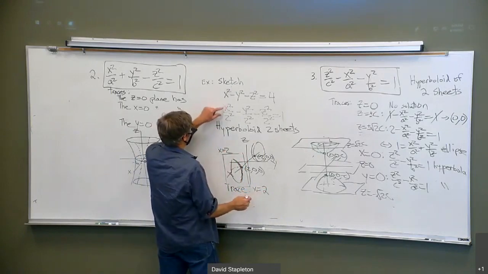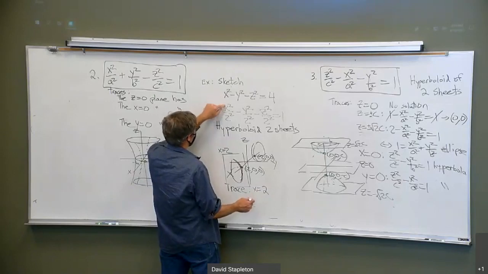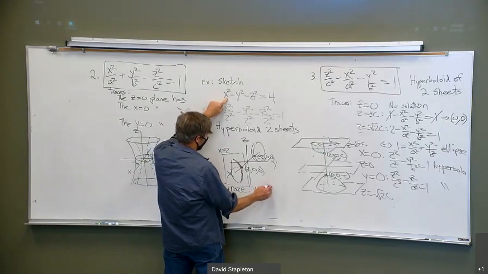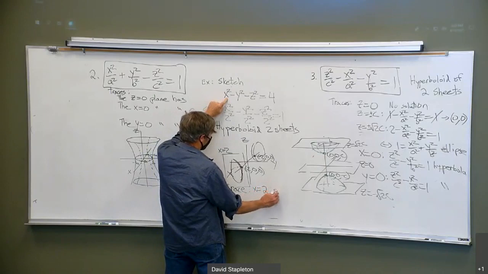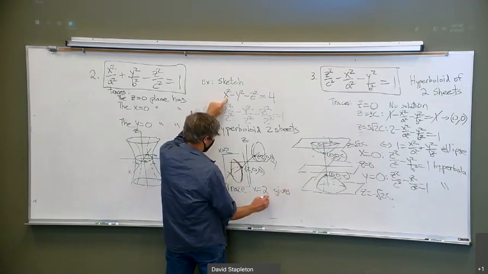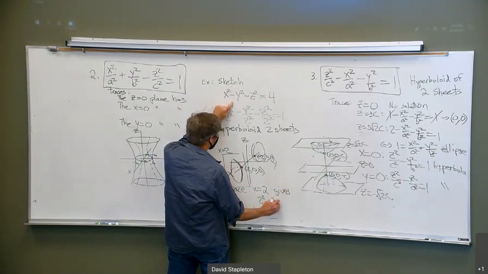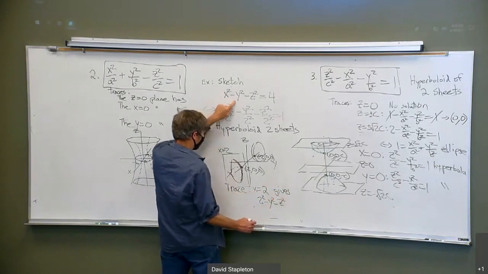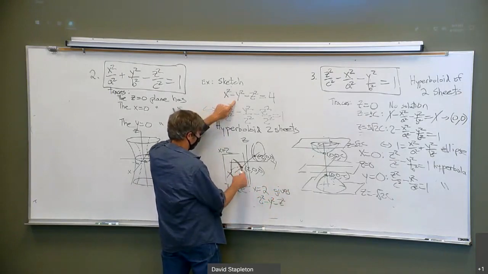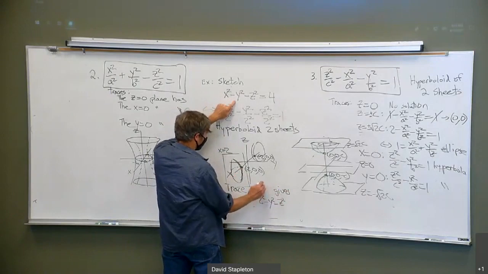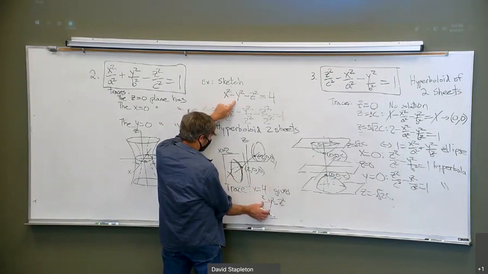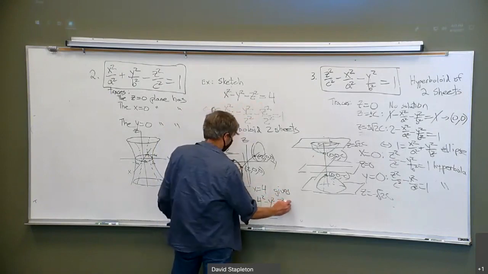Well, I put in 2 for x in the equation here. This gives 2 squared minus y squared minus z squared. Oops, not x equals 2, that was this one. Sorry, x equals 4. So it's 4 squared minus y squared minus z squared equals 4.